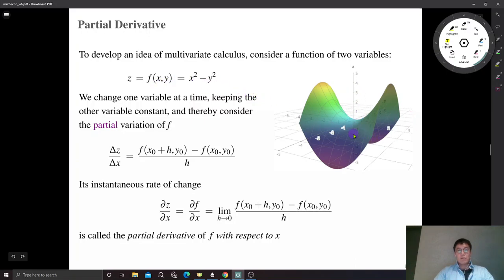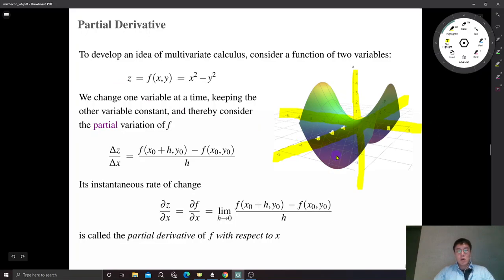The way to read this graph is this almost horizontal axis is for variable x. Another axis on the same plane is for variable y. And the vertical axis is for output z.